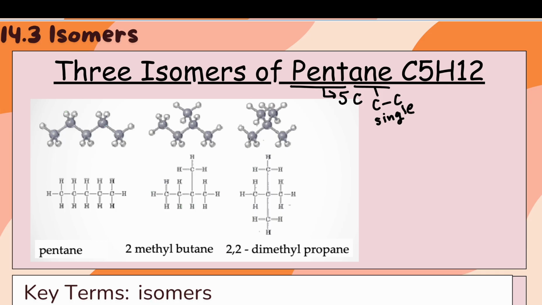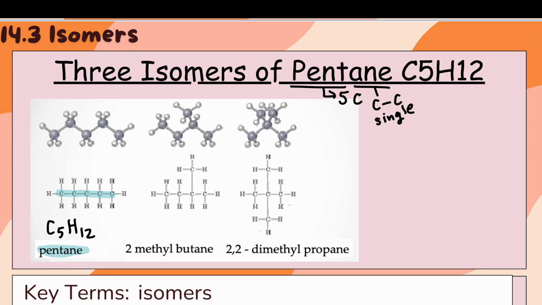So this is what pentane would look like, down here on the left. We have that 5 carbon parent chain, and it's saturated with all of these hydrogens. And the carbons are all connected by single bonds. So that's just what a typical pentane would look like, having the formula C5H12.